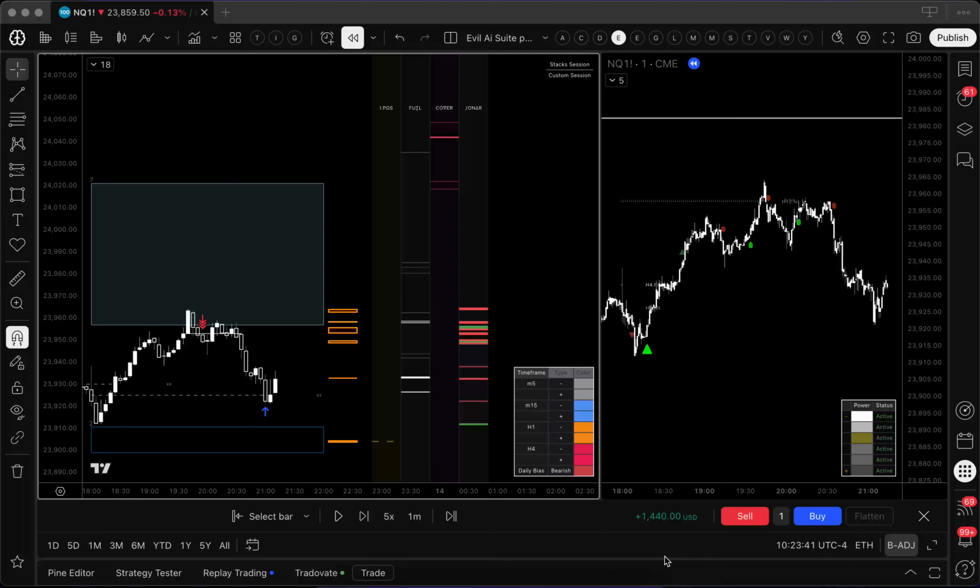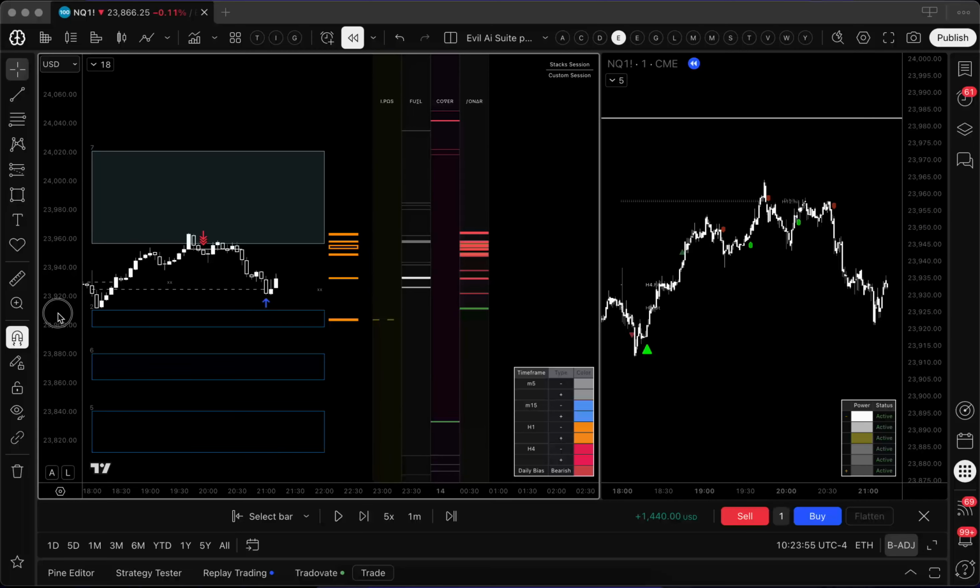And even if we're referencing something like the IPOS, it's going to give us institutional positioning, isn't it?